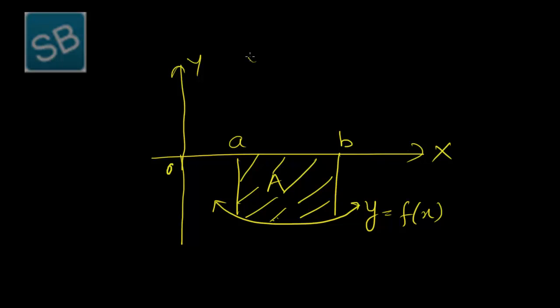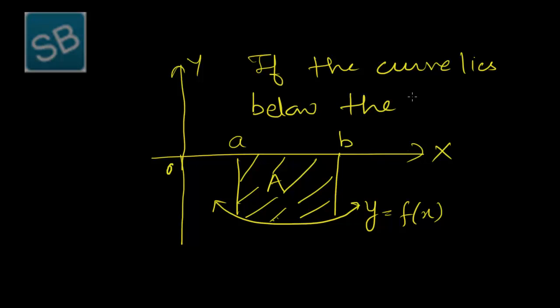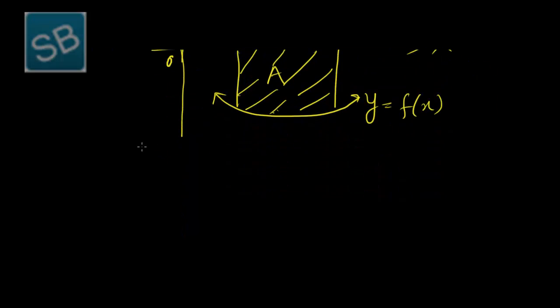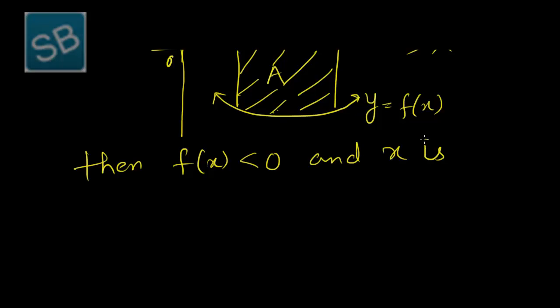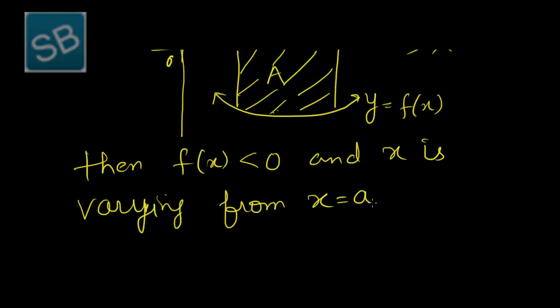So if the curve lies below the x-axis, then f of x less than 0, that is y less than 0, and x is varying from x is equal to a to x is equal to b.